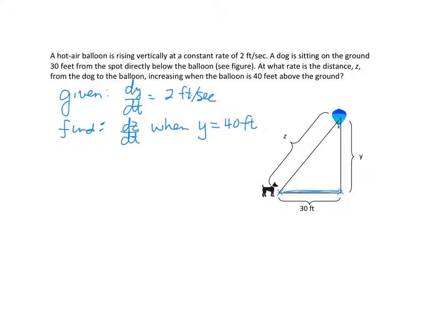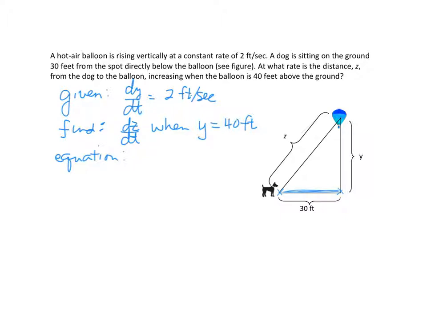And the third thing that we need is some sort of an equation that relates the dependent variables. When I talk about the dependent variables in a related rates problem, I'm talking about the variables that depend on t, which in this case would be y and z.